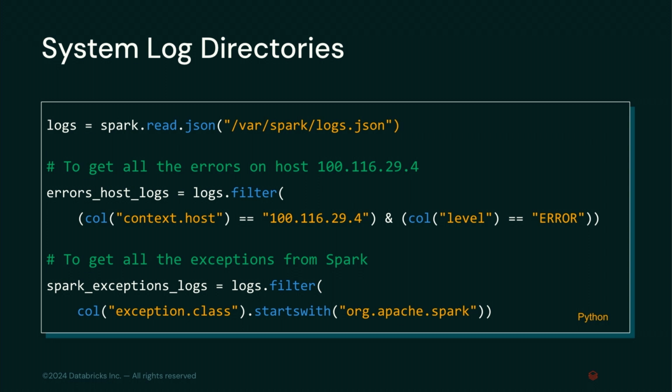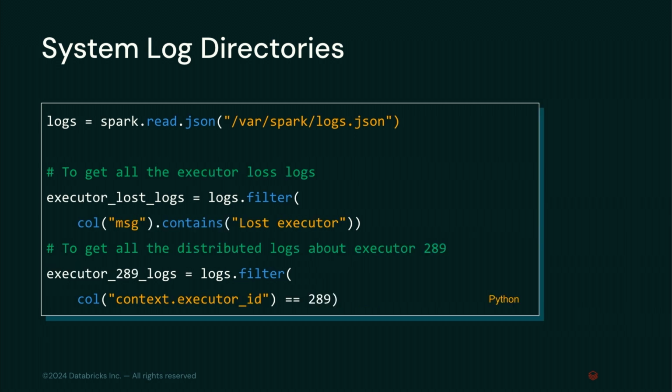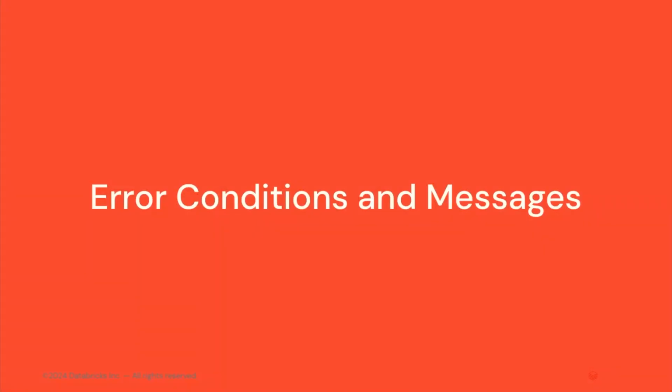We set up the system log directory to store these JSON logs. You can get all the errors on a specific host. You can get all the exceptions from Spark. You can get all the executor logs. You can get all the distributed logs for specific executors.